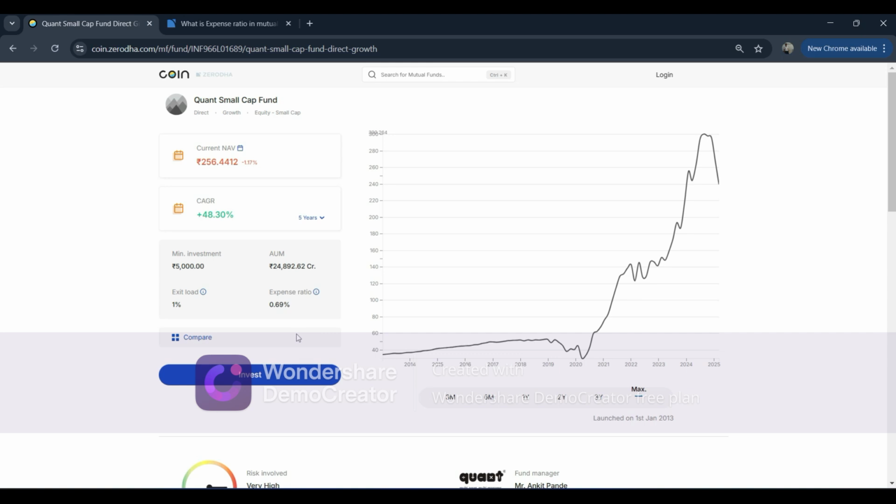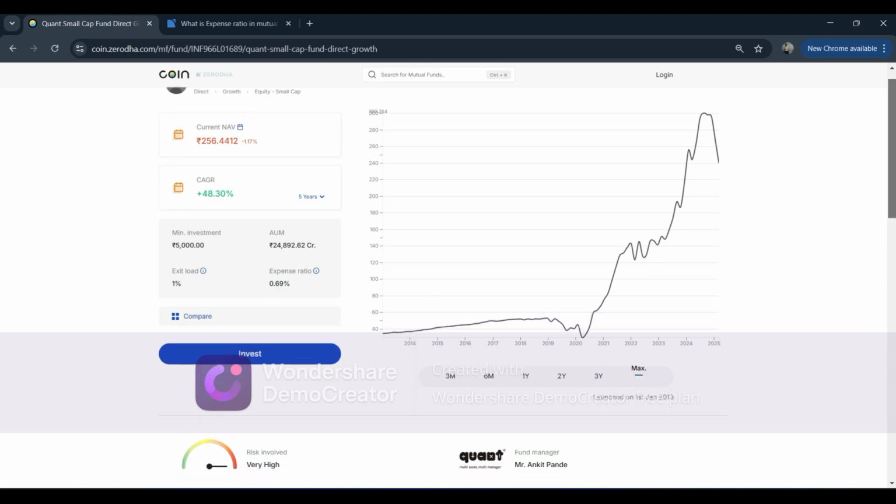This is the amount that will be charged to you based on the services they provide, because they will be investing your money in the stock market. So they need a pool of people who are skilled enough to invest your money accordingly so that decent returns can be generated. Based on that, this expense ratio is charged and is shown to you on a transparent basis, that this is the amount being charged.